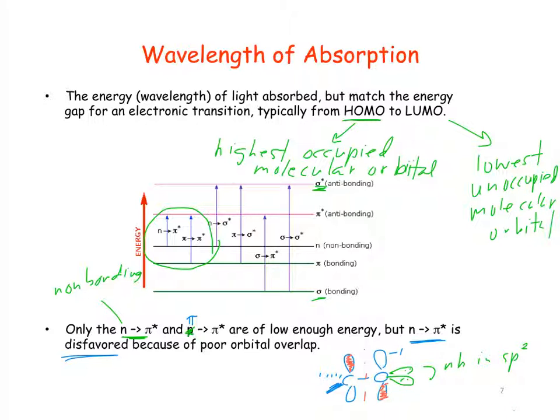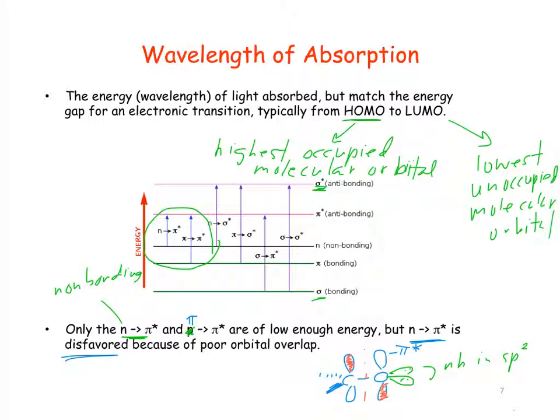This one is the pi star. So we have the pi star going like this, and we have the non-bonding at a 90-degree angle. So those orbitals cannot overlap very well at all. At 90 degrees, that almost means there's no overlap. So it's very difficult for the non-bonding electrons to get into the pi star, because the orbitals don't overlap.